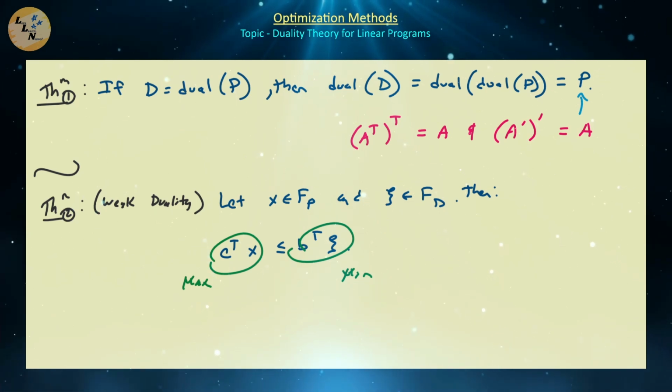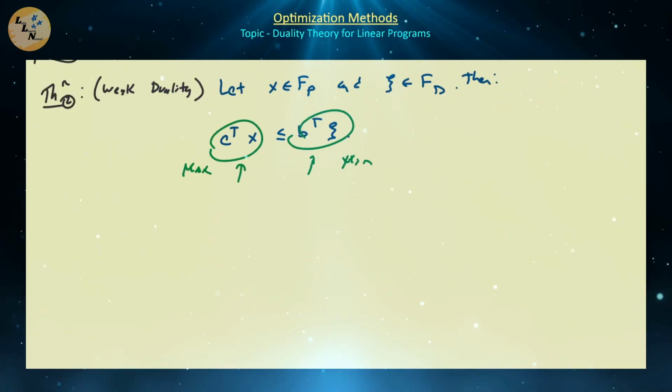So the maximum of one is going to be attained at the same place as the minimum of the other. That leads into the consequence we got in our numerical example before, where even though the solutions x and psi star were different, they produced the exact same value, and that leads into the main theorem of duality theory for linear programs. But let's first prove this weak duality theorem.